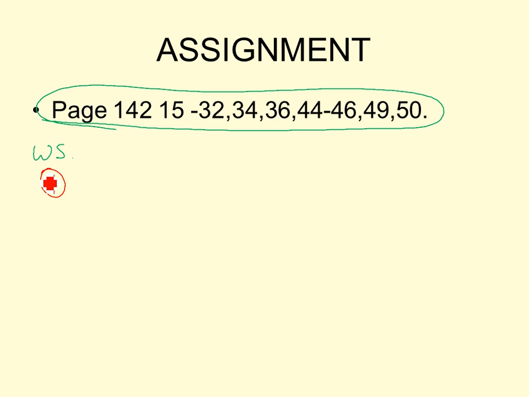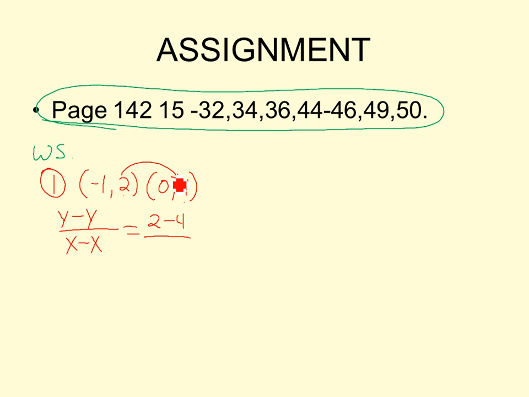Number 1 says determine the slope of a line that contains the given points. They give us the points -1, 2, and 0, 4. To find the slope, all we're going to do is use the slope formula, which is you subtract the y's on top, subtract the x's on bottom. The y's this time, please don't forget where your y's are at. 2 minus 4. This is different than midpoint or distance formula, because with slope, the order makes a difference.